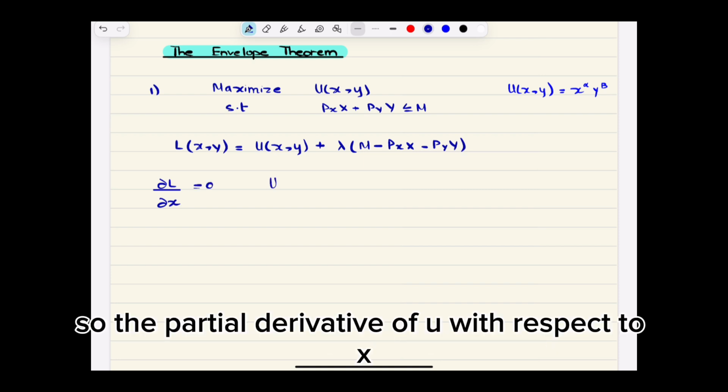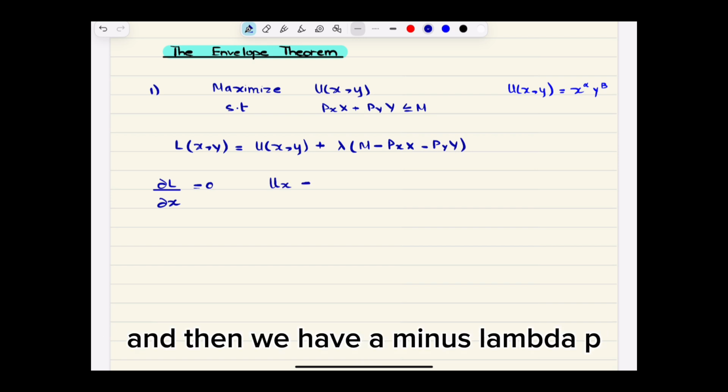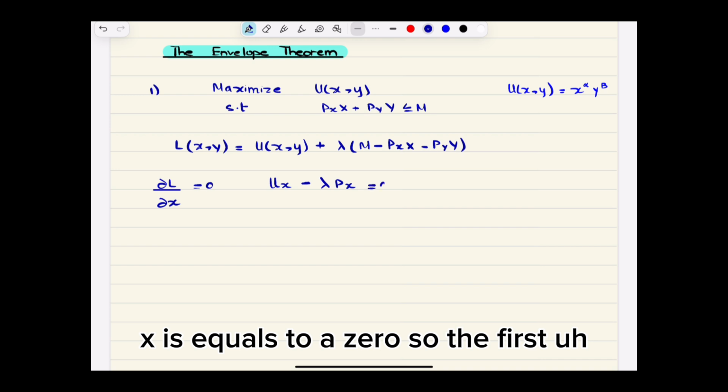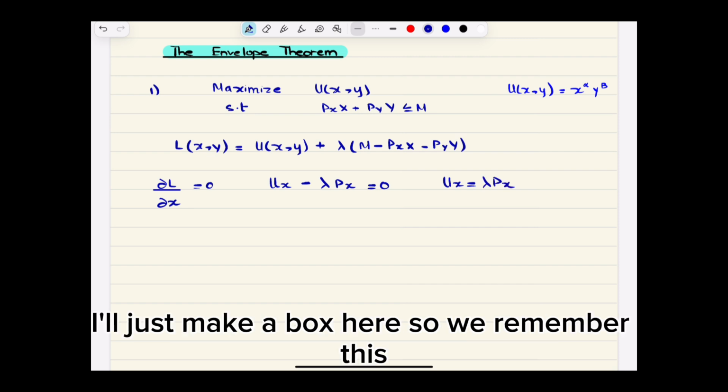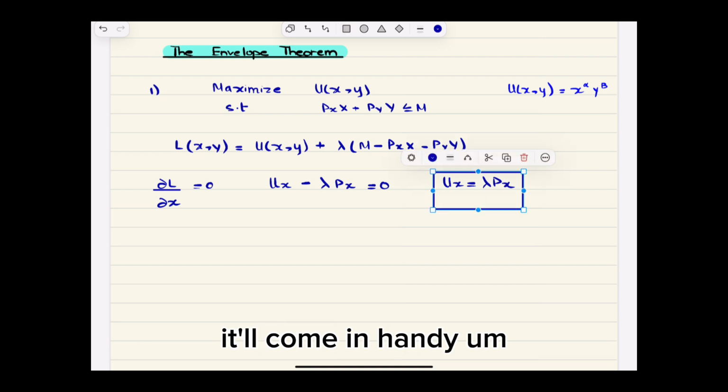So the partial derivative of u with respect to x, minus lambda px, is equal to 0. So the first equation that we have is this. I'll just make a box here so we remember this. It'll come in handy.